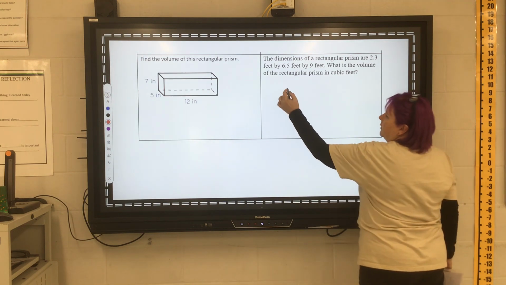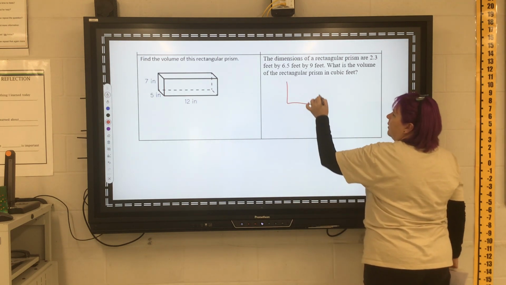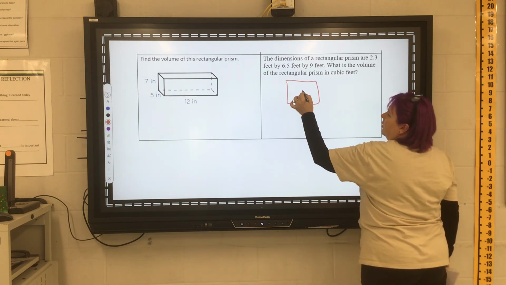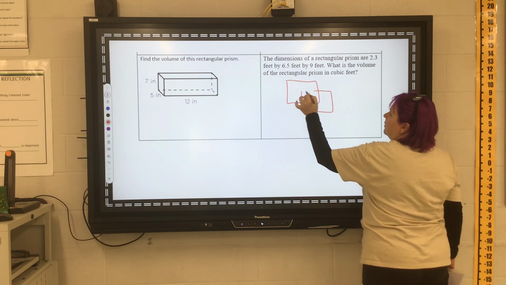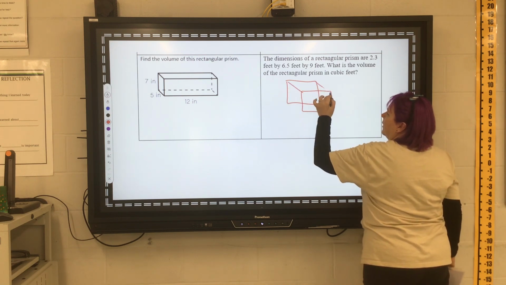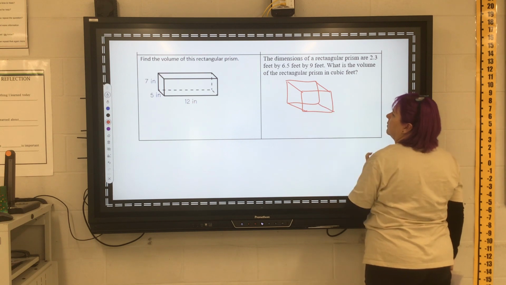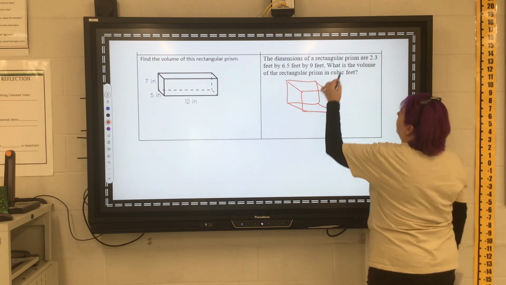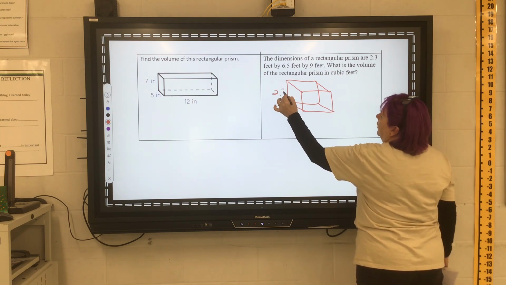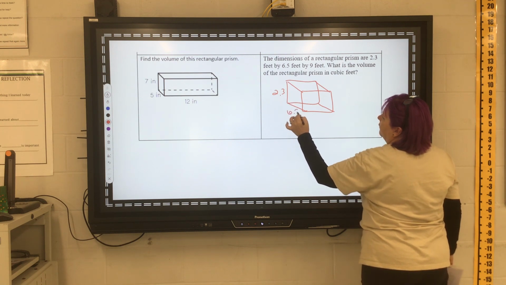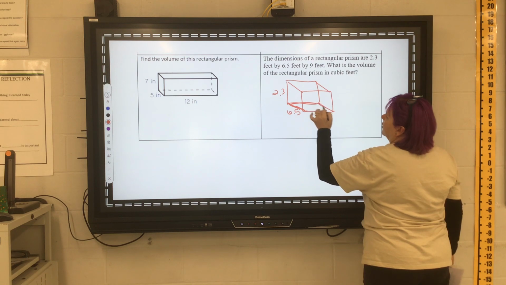To draw a rectangular prism, you're going to draw a rectangle, start in the middle, draw another rectangle, and connect the corners. Okay. Here now I've got 2.3, 6.5, and 9. Here's my base.